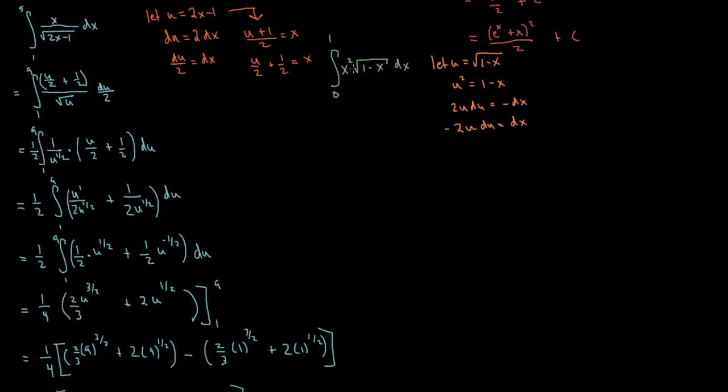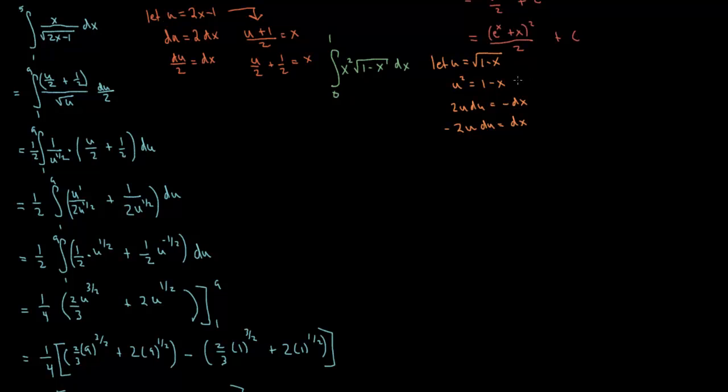Now I have an x squared over here, so what does x squared equal? I know what dx equals, and I know what u equals, it's this middle radical, but what about x squared?